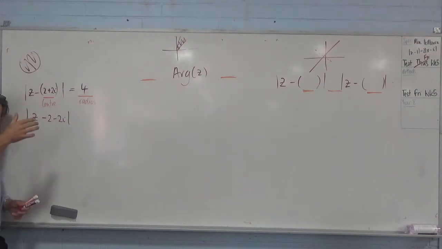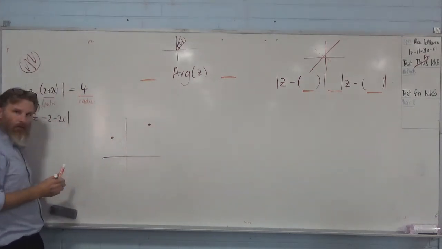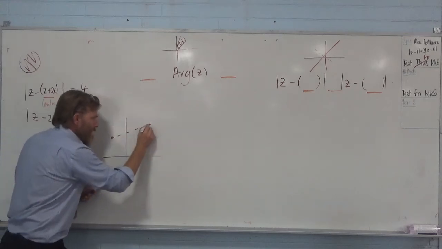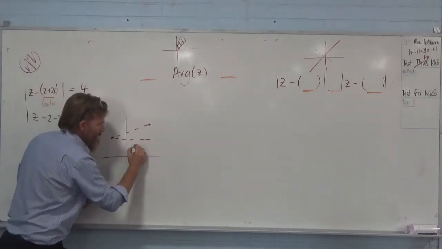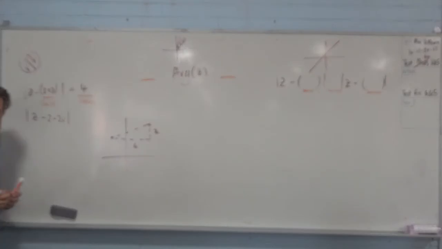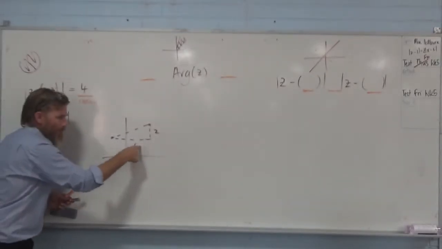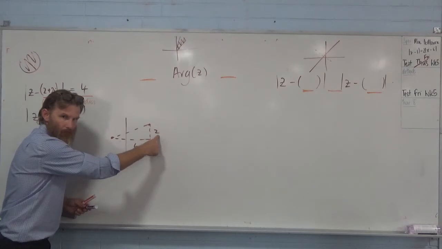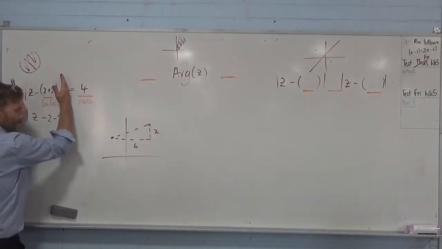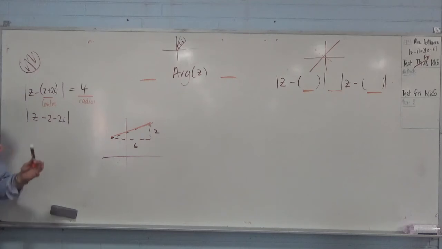Well, taking the absolute value of 2 points here and here, right? The difference here, right, might be, let's say it's 6 there, and let's say it's 2 there. Okay? So this bit inside here is working out 6 plus 2i. Taking the absolute value of it says, what is the direct distance between the two? That's Pythagoras.